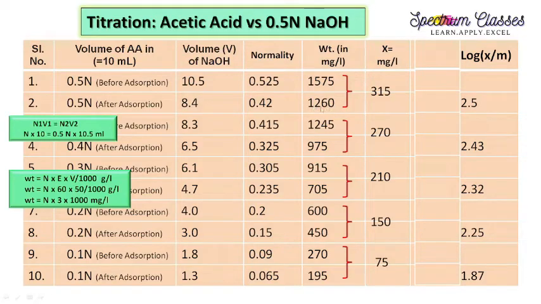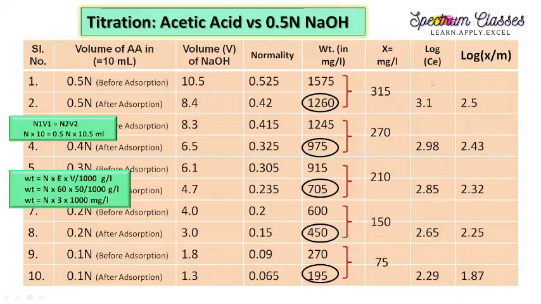So the value of concentration on equilibrium is the concentration of acetic acid after adsorption. So here are the equilibrium concentrations, right? And on taking the log of these equilibrium concentrations, we will get these values. So here is the log CE values and here are the log x upon m values.